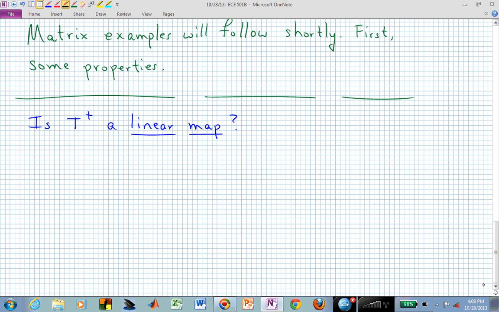Let's look at just basically the governing relationships. What do we need to show if a map is a linear map? What properties does it need to possess? Additivity and homogeneity.